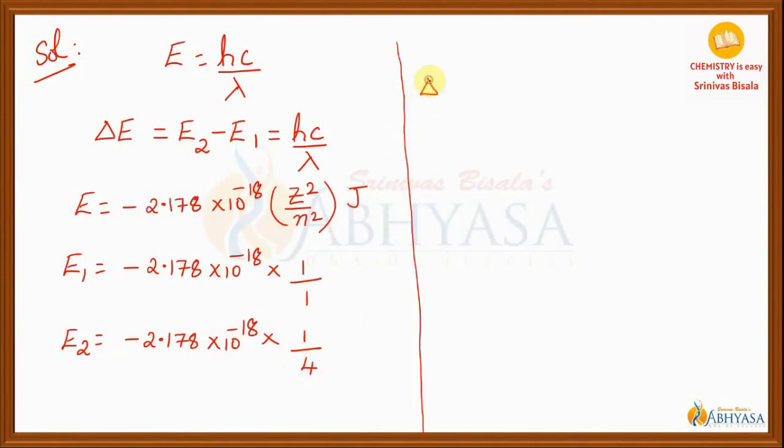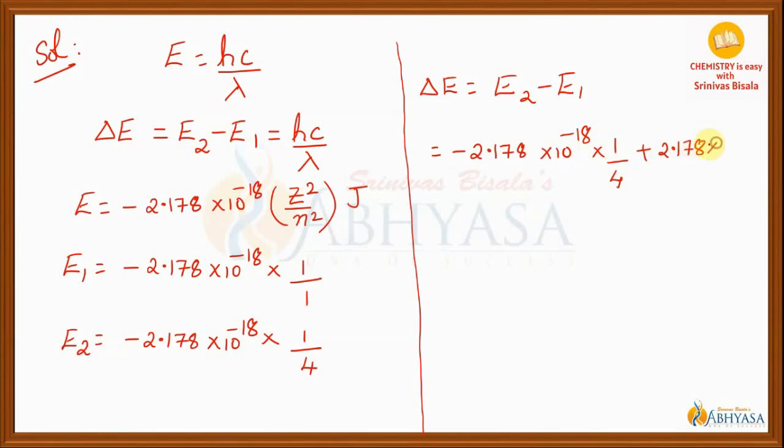Now when we write delta E, which is equal to E2 minus E1. So here E2 is minus 2.178 into 10 to the power of minus 18 into 1 by 4, minus of minus, plus 2.178 into 10 to the power of minus 18, and it is 1 here into 1, and this comes to 2.178 into 10 to the power of minus 18 into 3 by 4.